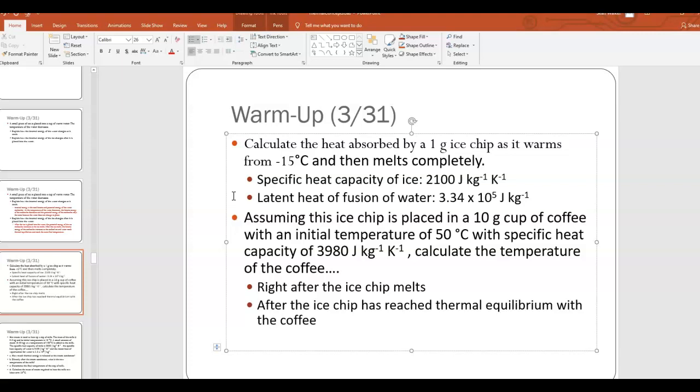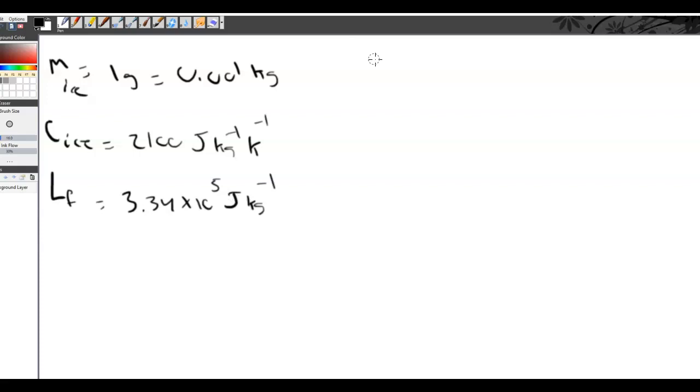And so the first thing that this ice chip is going to do when I add heat to it is temperature change, and that's going to be given by mc delta T. Now, what is it going to temperature change to? The initial temperature of the ice was negative 15 degrees Celsius.